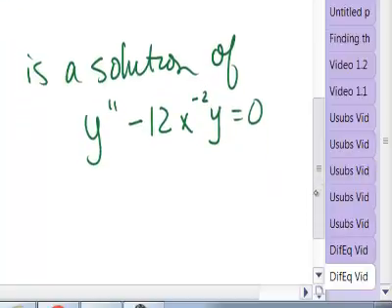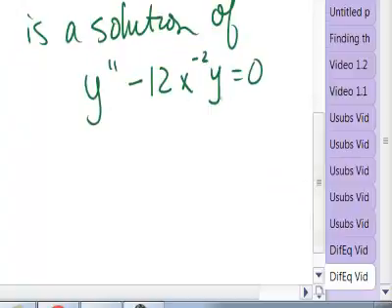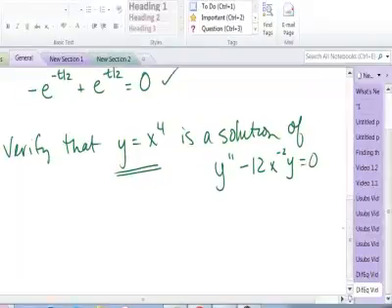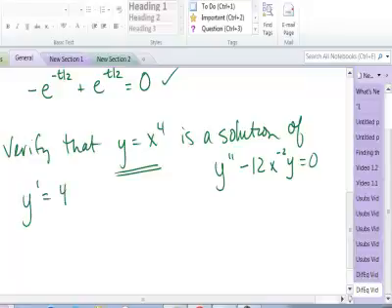It may seem like a lot more complicated, but it really isn't. What we're going to substitute in here is not the first derivative, but the second derivative. So again, when we verify, we always start on the solution, and the derivative of x to the 4th is equal to 4x cubed.